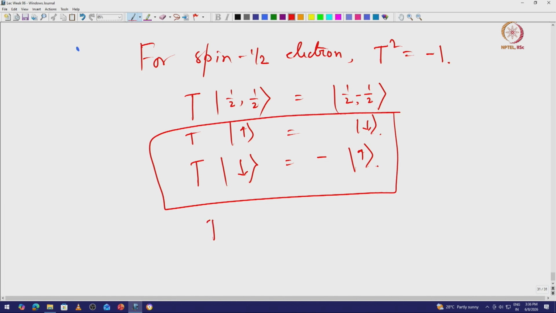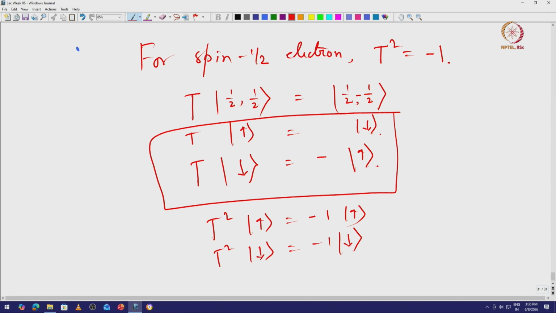And this is consistent with the fact that when you apply time reversal, an up spin goes to down spin, whereas a down spin goes to minus of up spin, right.